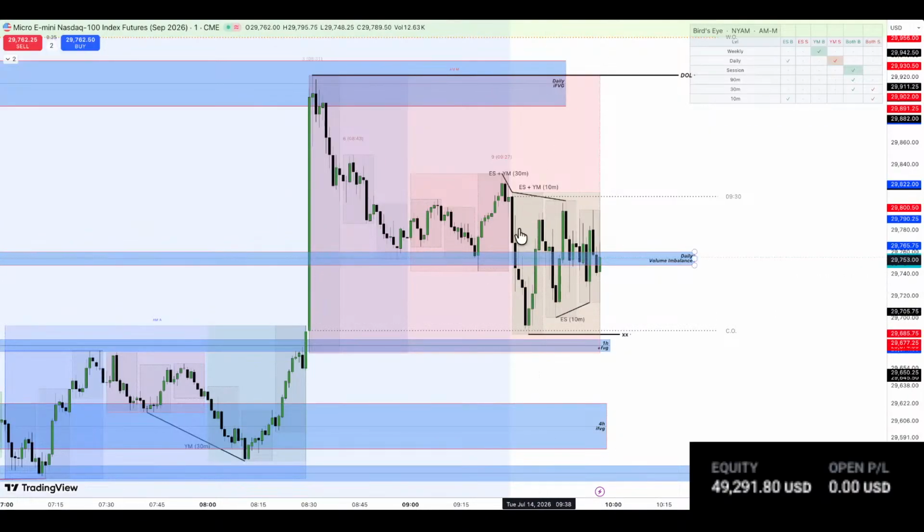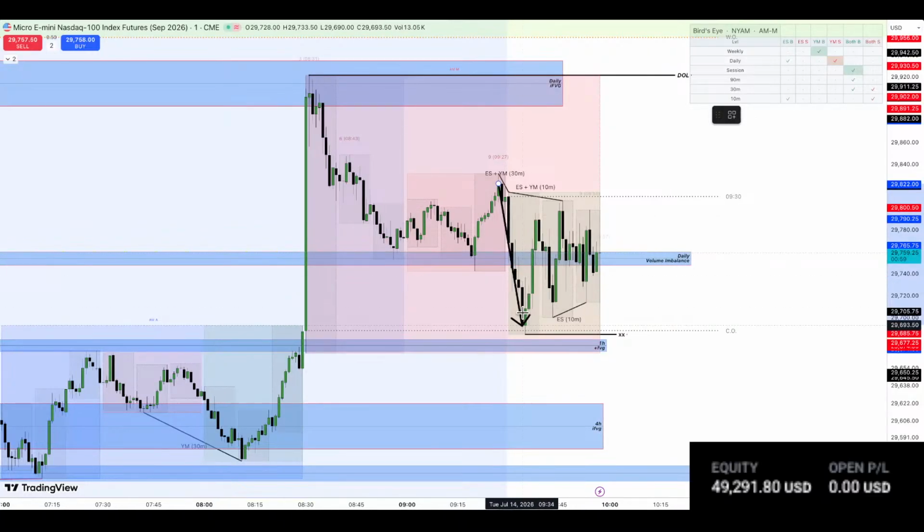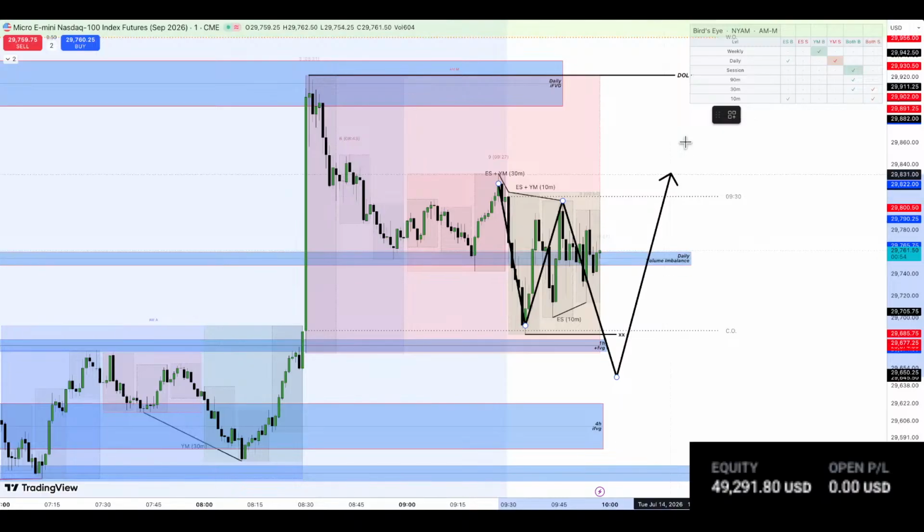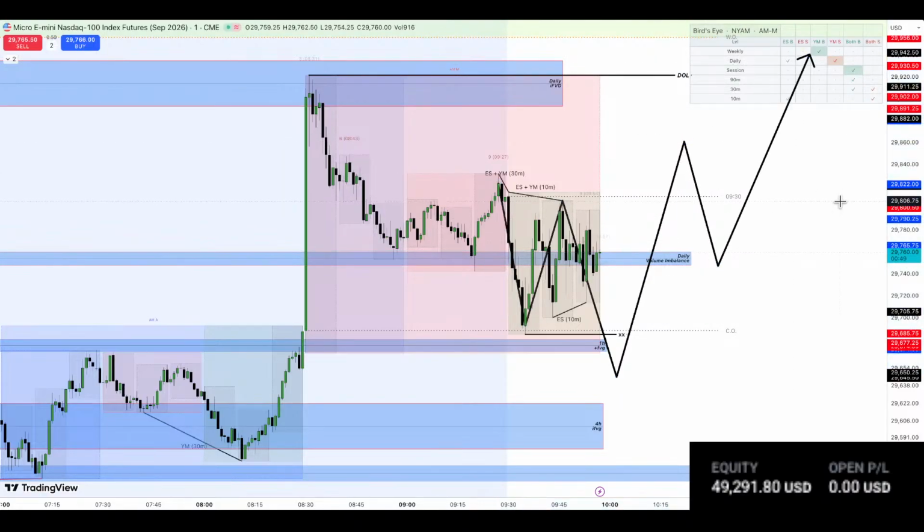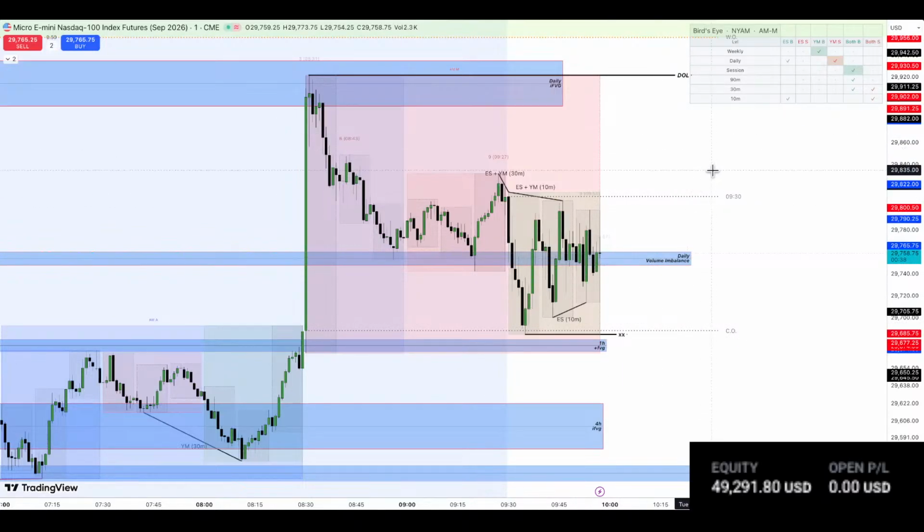So if it has been consolidating, the next thing that will happen is that it will manipulate and then go up. I'm expecting that price is gonna do this. Yep, like that. So I'm waiting for price to manipulate to the downside, grabbing some liquidity, and use that liquidity to move to the upside.